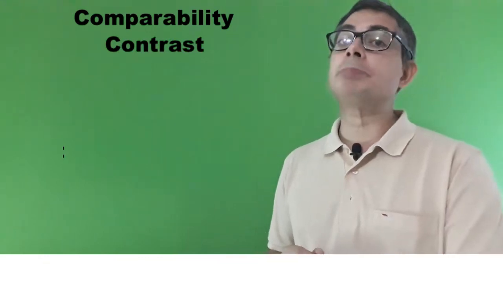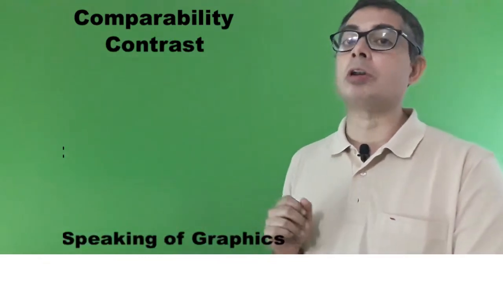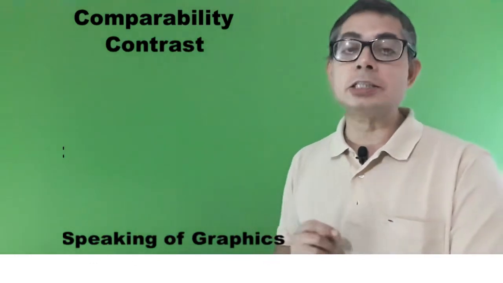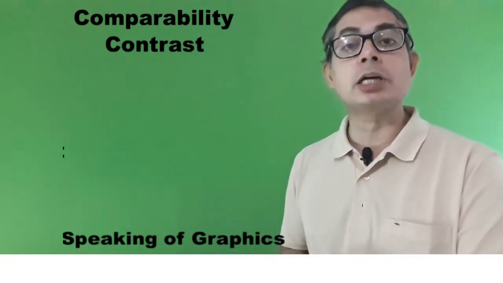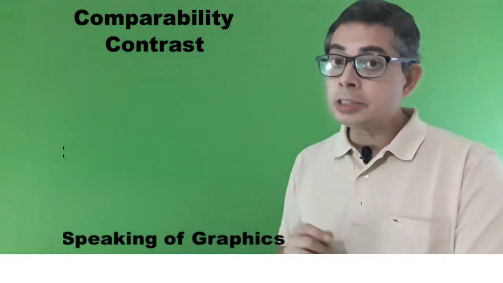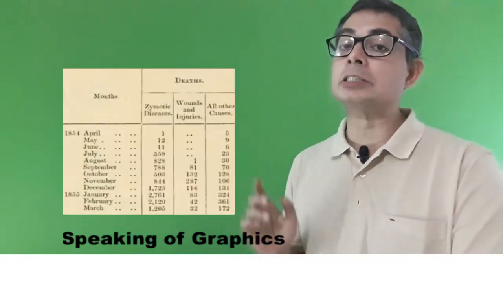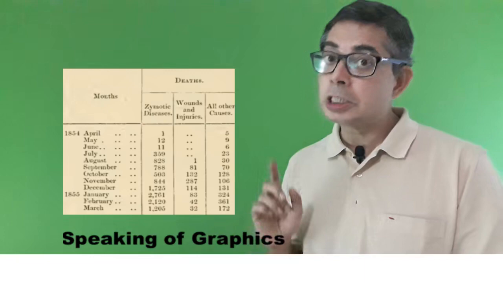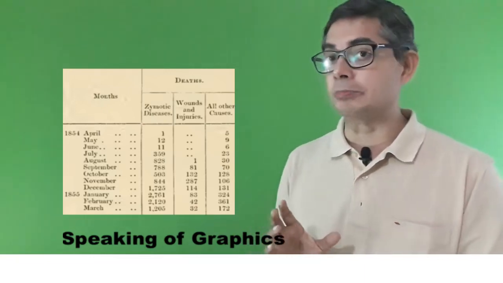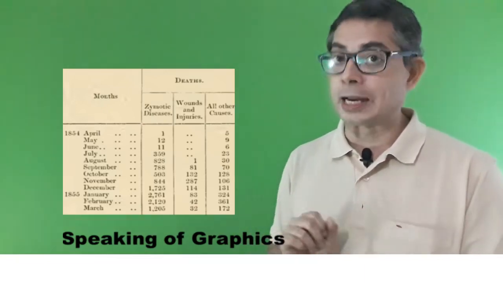In his book, Speaking of Graphics, the author Paul Levy tells us how Nightingale achieved these using her chart. Though her original data were the numbers of deaths, she did not actually make the areas of the sectors proportional to that.